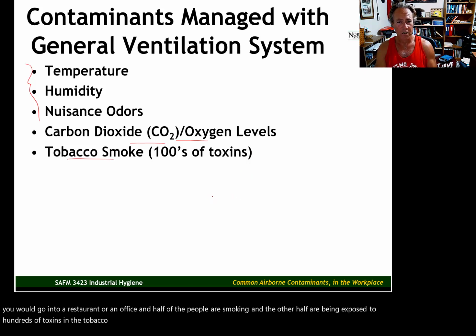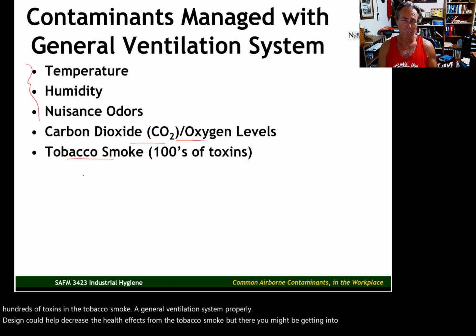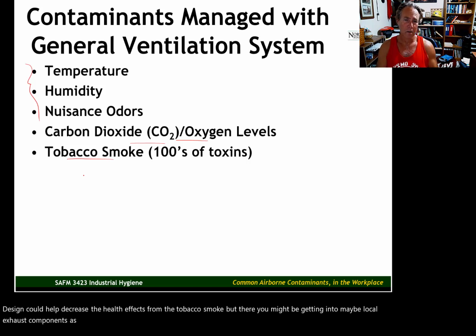A general ventilation system properly designed could help decrease the health effects from the tobacco smoke. But there you might be getting into maybe local exhaust components as well. The local exhaust strategy, where you're removing as much of that smoke as possible and you're replacing the toxic smoke with cleaner air.